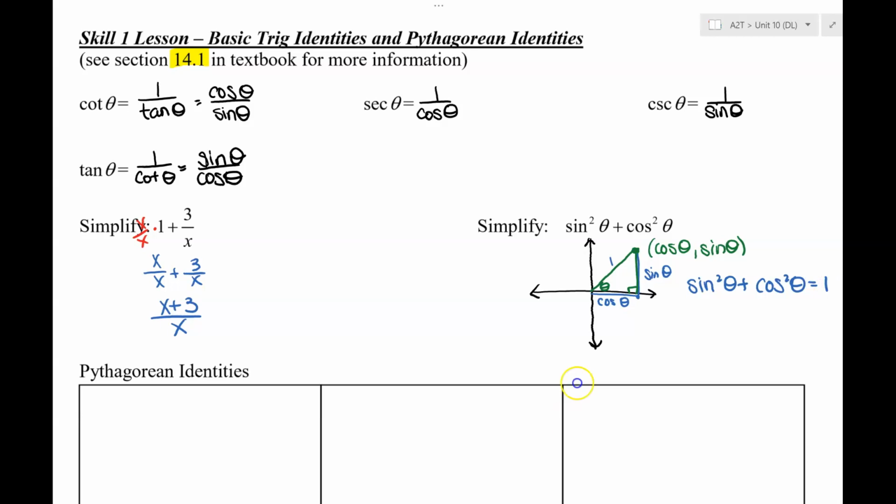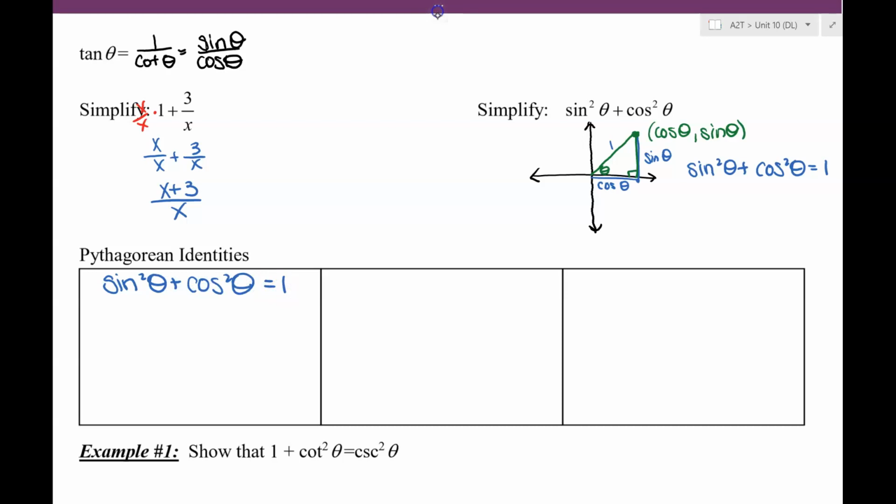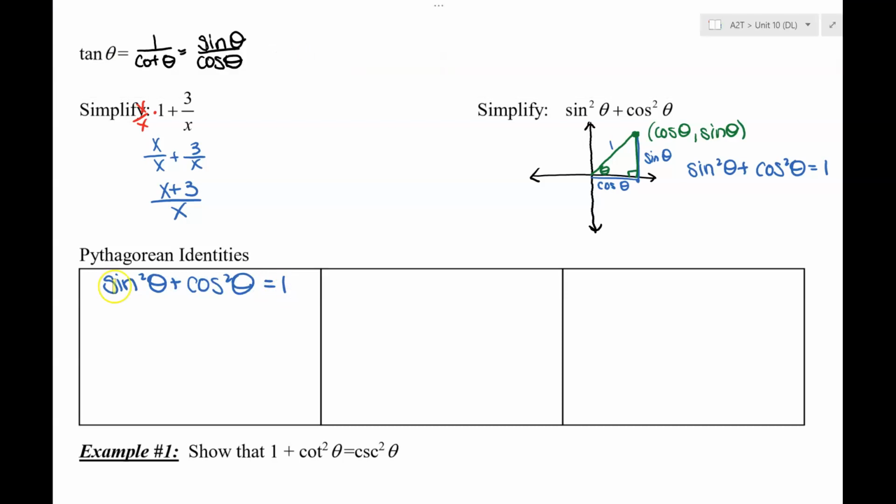You absolutely can. Ladies and gentlemen, I would like to introduce you to the first Pythagorean identity. Sine squared theta plus cosine squared theta is equal to 1. That is the first and really most important because the other three come from this.